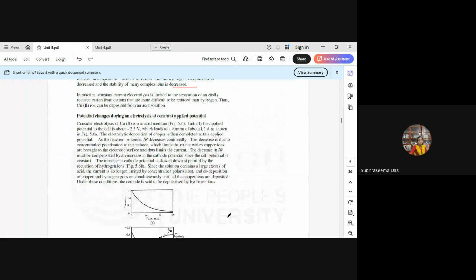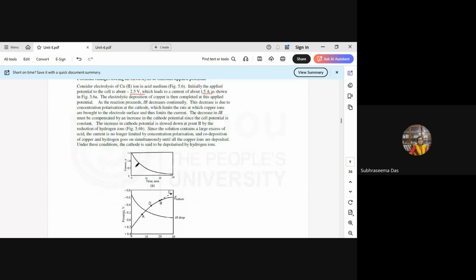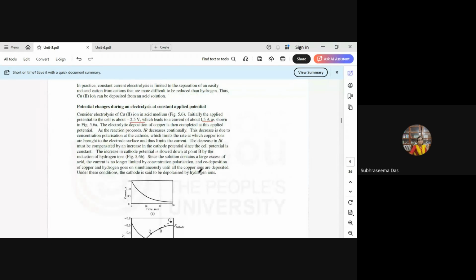If we consider the electrolysis of copper 2+ ions in acidic medium, initially the applied potential to the cell is about minus 2.5 volt, which leads to a current of 1.5 ampere, as shown in figure 5.6a. The electrolytic deposition of copper is then completed at this applied potential.